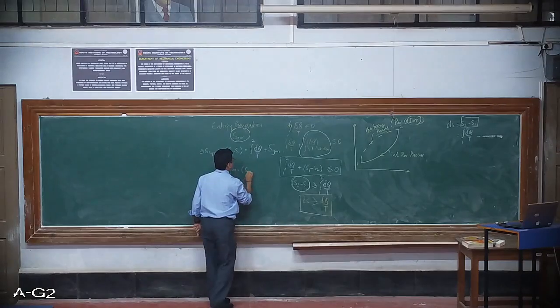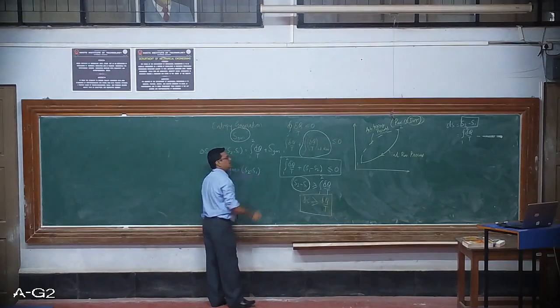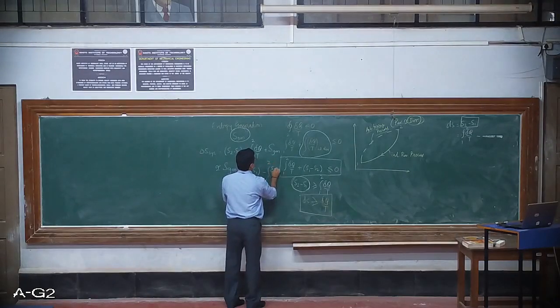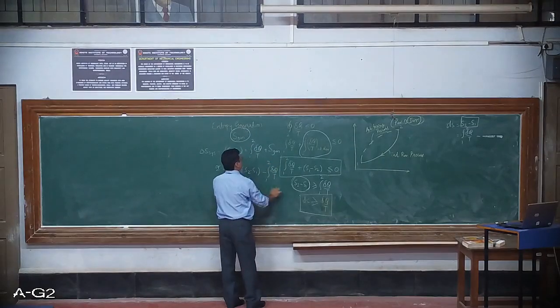The first one is the entropy change of a reversible process minus delta Q upon T, which is called the entropy transfer.